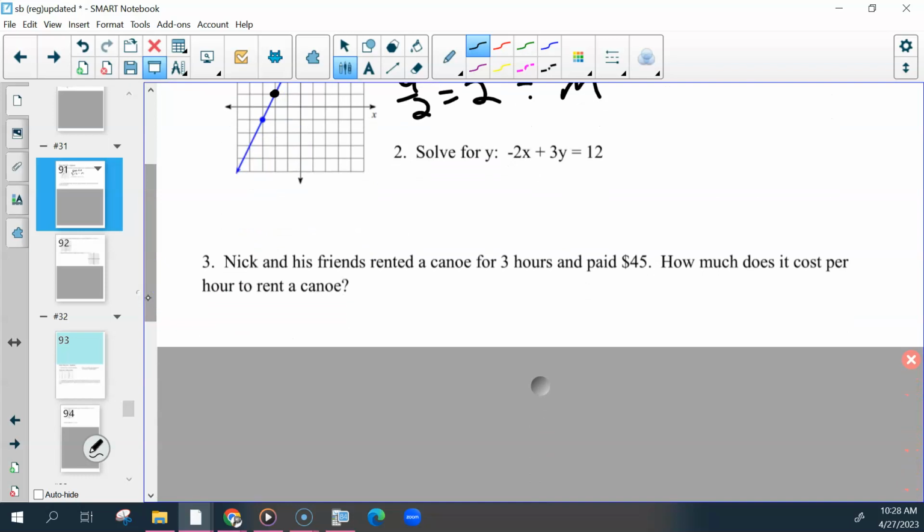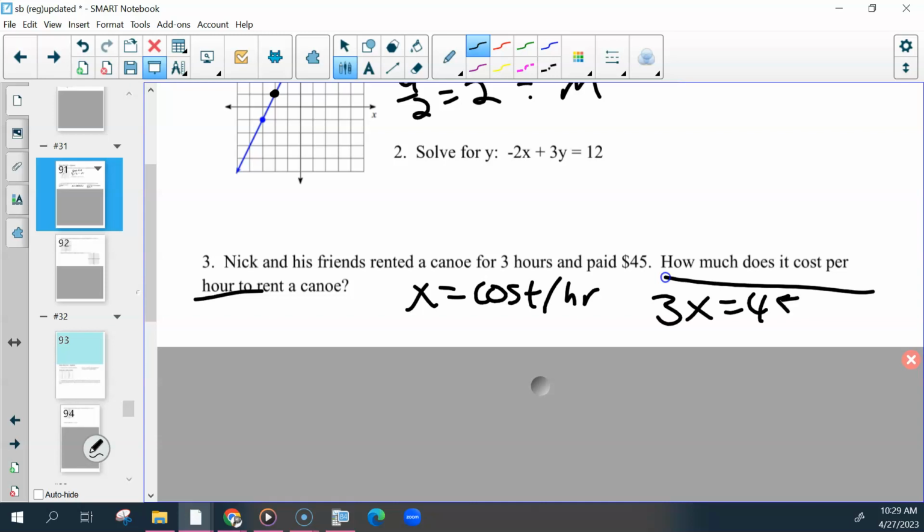For 3, Nick and his friends rented a canoe for 3 hours and paid $45. How much does it cost per hour to rent a canoe? So that's what you don't know. Some variable cost per hour. But you know he rented it for 3 hours, so you would multiply that by 3. Is that equal to 45?